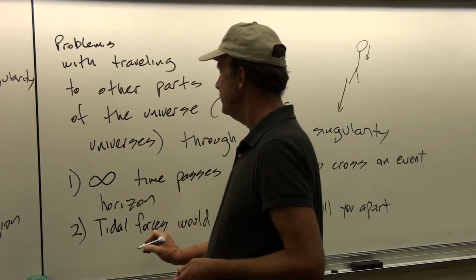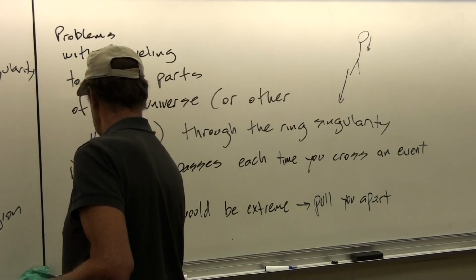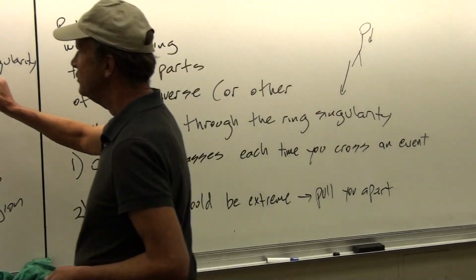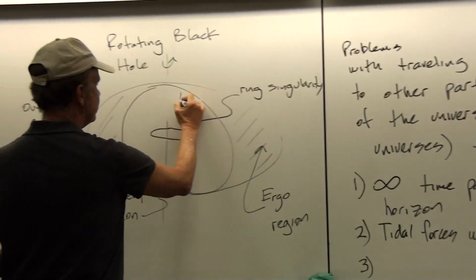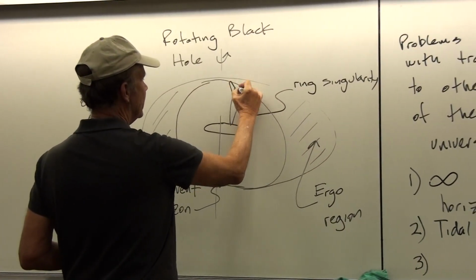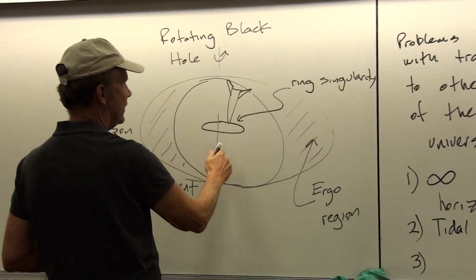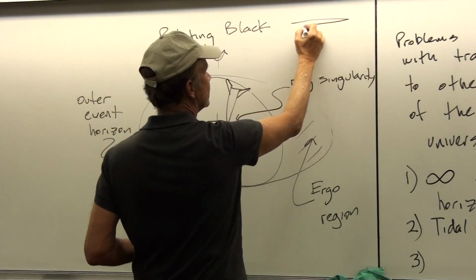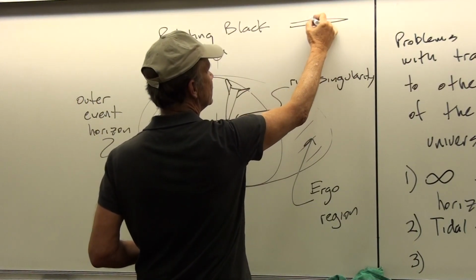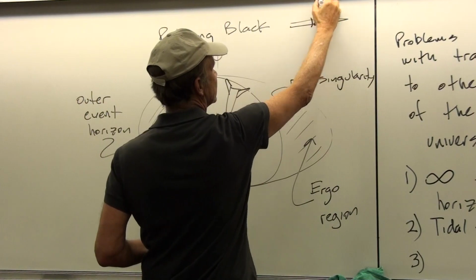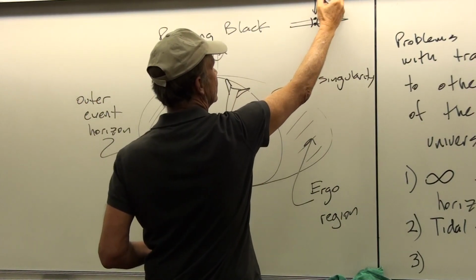A third problem with the rotating black hole solution is that, let's say here that you're actually flying through the ring singularity. This is what would bring you, according to the field equation solutions, through possibly into another universe.